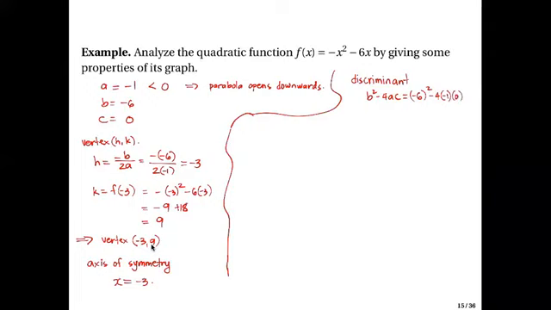So this is just 36, and this is greater than 0. So this means the parabola opens downwards, and since the discriminant is positive, the graph crosses the x-axis twice.